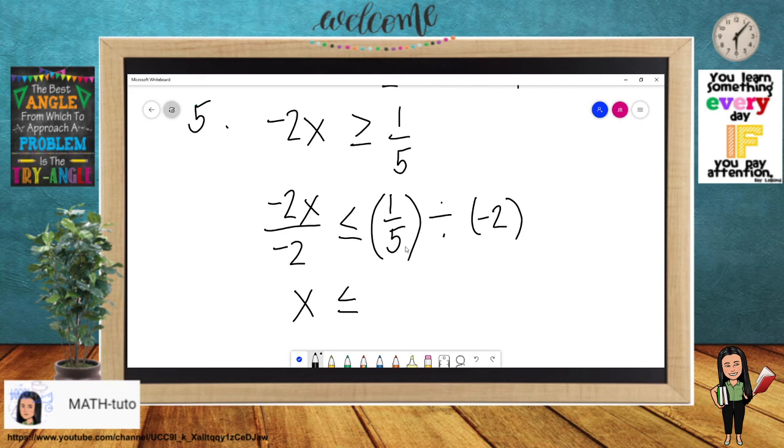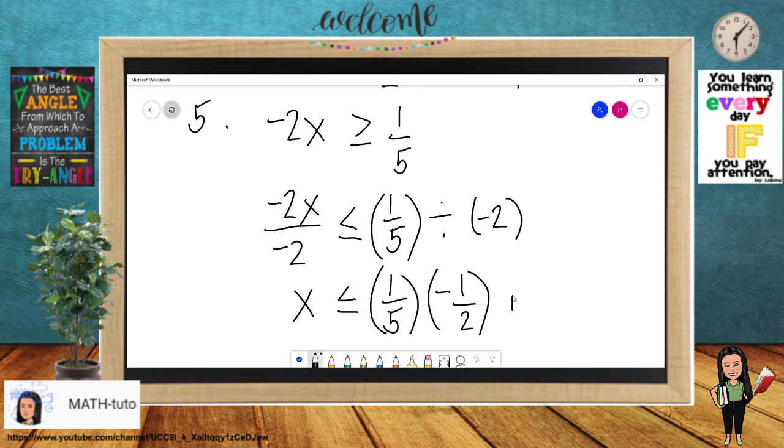Remember, dividing a fraction by a whole number is the same as multiplying it by its reciprocal. So this side is 1 over 5 multiplied by, in parentheses, negative 1 half.